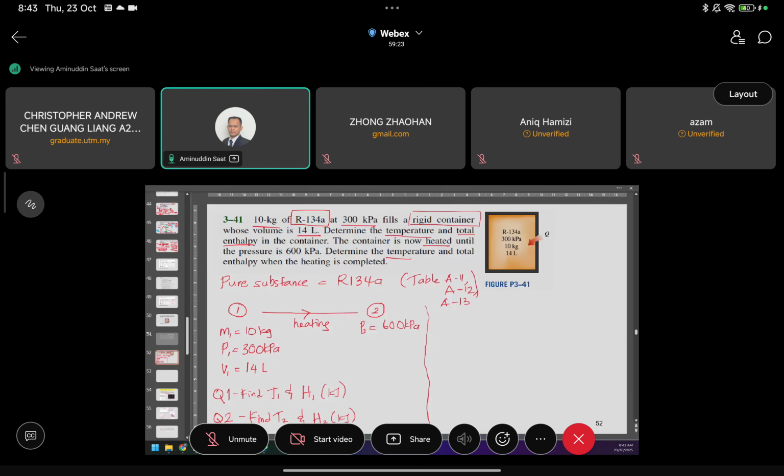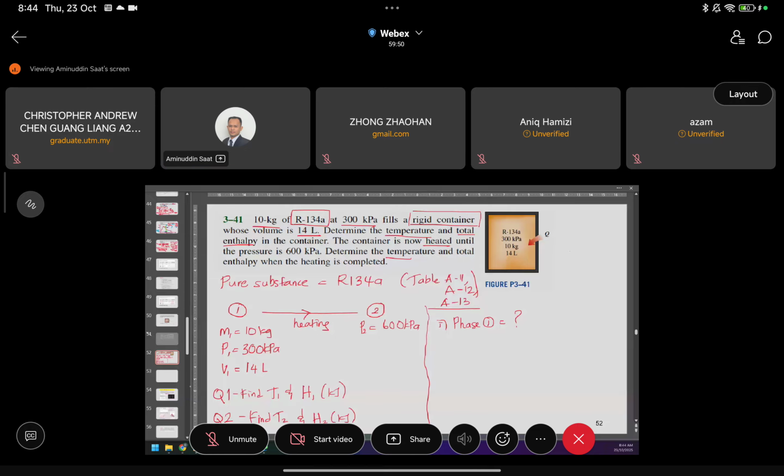So we solve this one by one. First we need to find the phase at state 1. So how to find the phase?